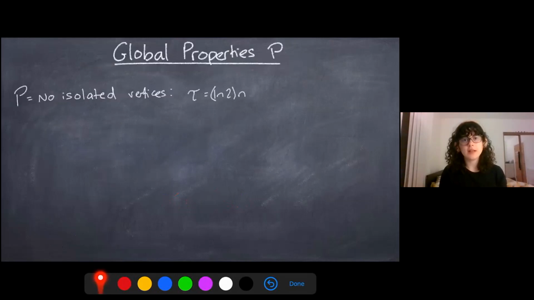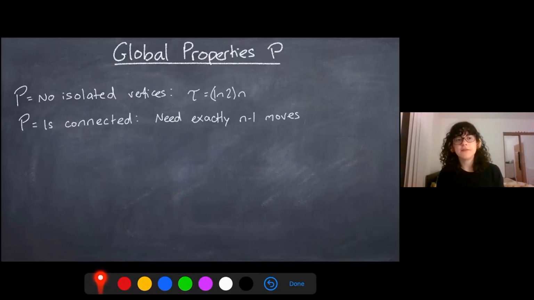Okay, so let's think about some other global properties. So we had no isolated vertices, the threshold is log 2 n. An easy one to consider is if the property is being connected. To be connected, you need at least n minus 1 edges if you have n vertices.